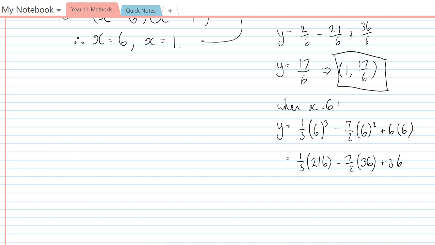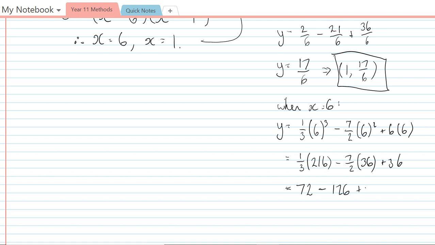Well, what am I going to do here? So 1/3 of 216 should be 72. If I divide the 2 into the 36, I've got 7 lots of 18. That's going to be 126. So minus 126.